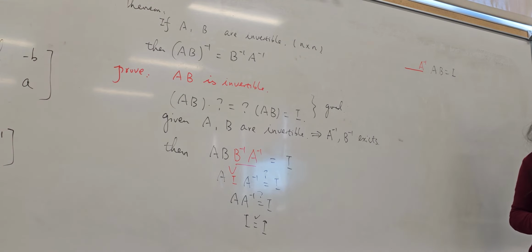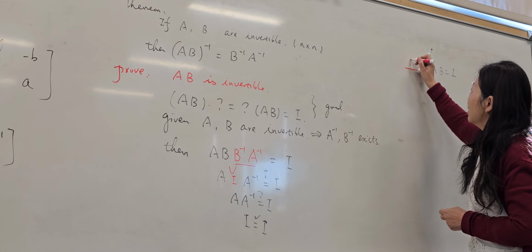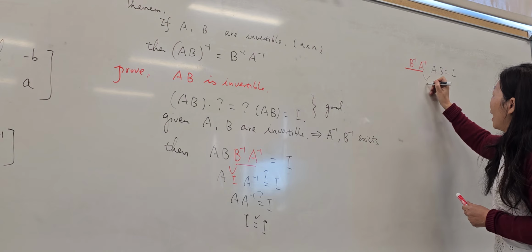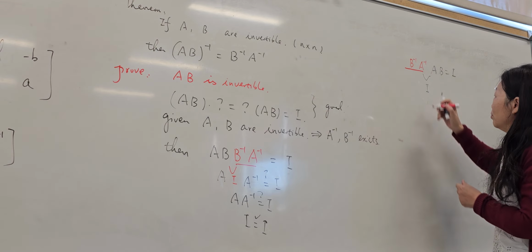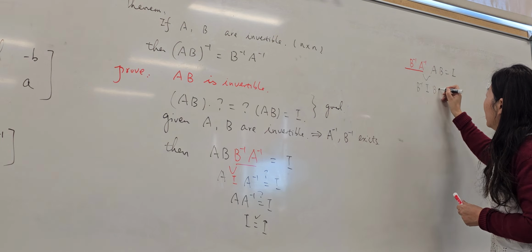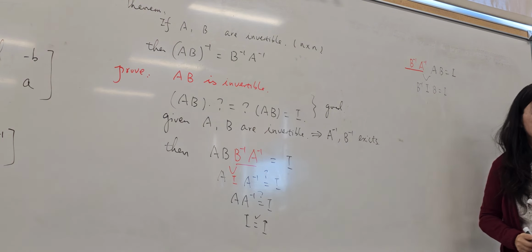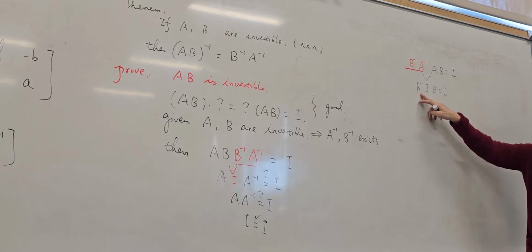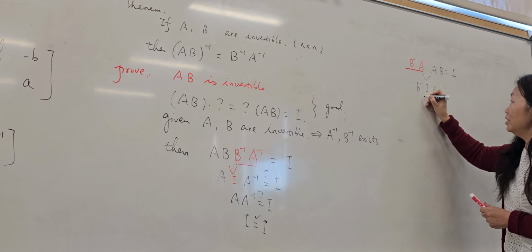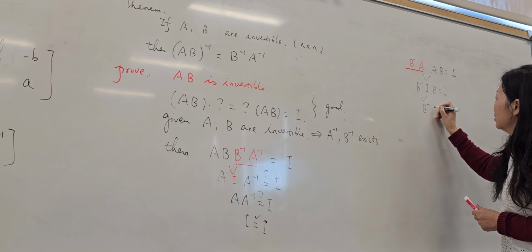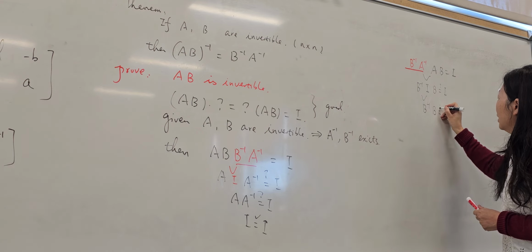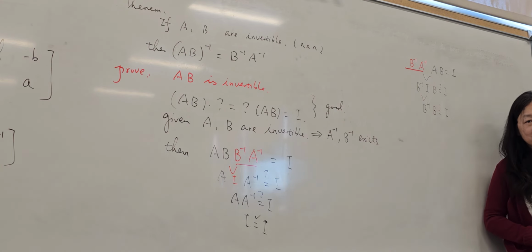And then B inverse. Is that right? So you can see here that will be I. So B inverse, and then anything times identity just equals that thing. That makes sense? So this becomes B inverse. Anything times 1 is equal to that thing.